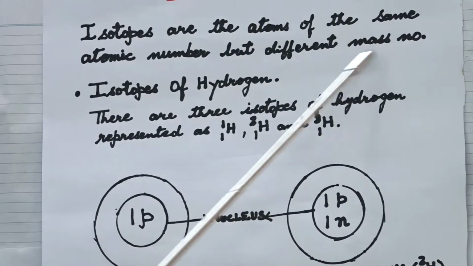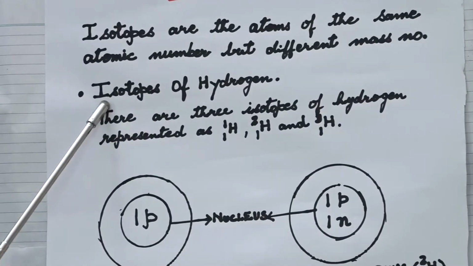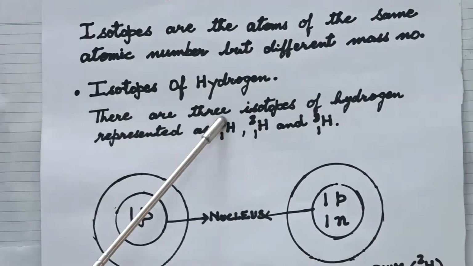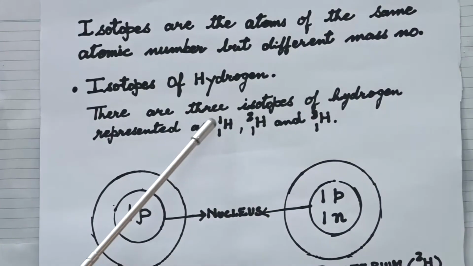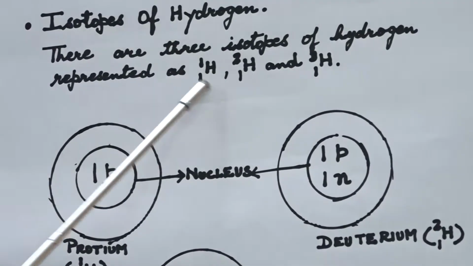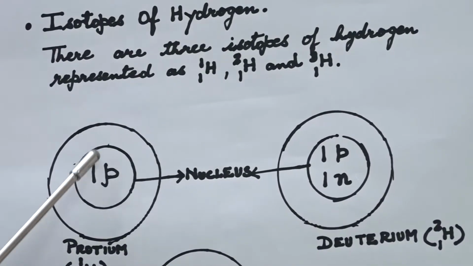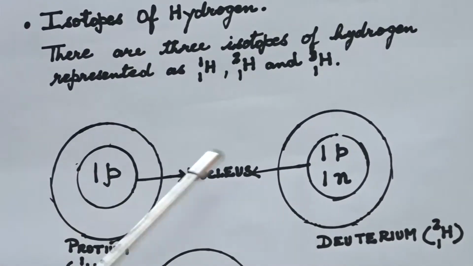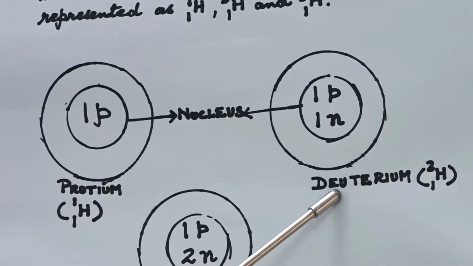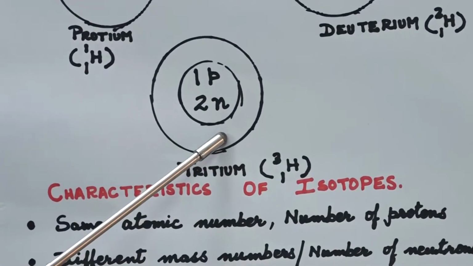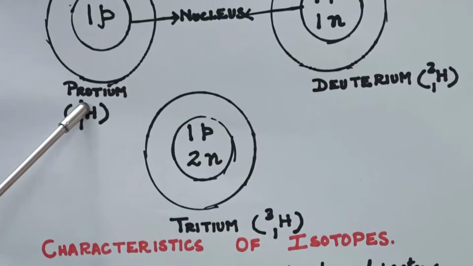Therefore, we can say isotopes of an element differ only in the number of neutrons present in the nucleus. For example, hydrogen. There are 3 isotopes of hydrogen represented as shown in the figure here. These are called protium, deuterium, and tritium, as each of them has atomic number 1.